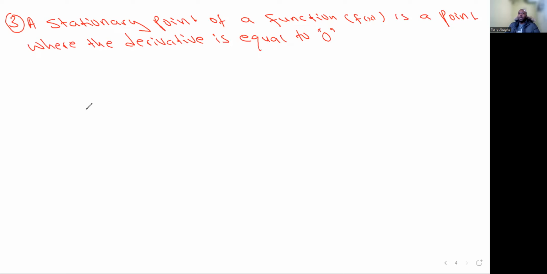So that means we're talking about dy over dx equal to 0. Now, a stationary point looks like this. So you can draw the graph like this.